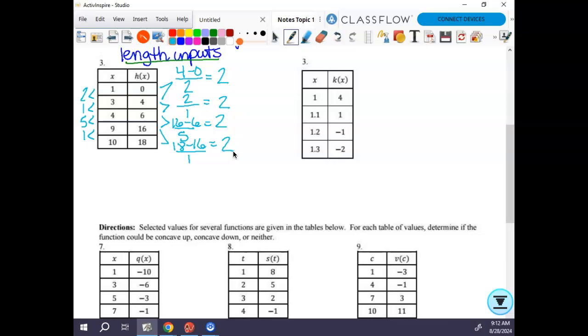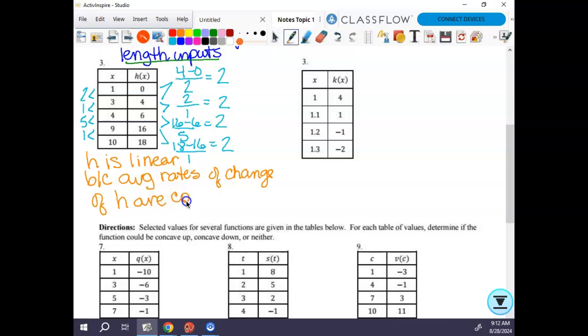Yes, these are the average rates of change, and they are what? Constant. We don't have equal length intervals. It does not matter for a line. So then I can say that h is linear because average rates of change of h are constant.